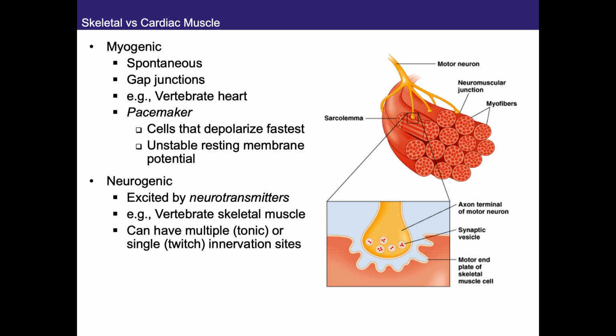What happens when something goes wrong with the SA node? That's called the sinoatrial node, right? What usually happens is patients actually suffer from a lot of fainting. This is called sick sinus syndrome.